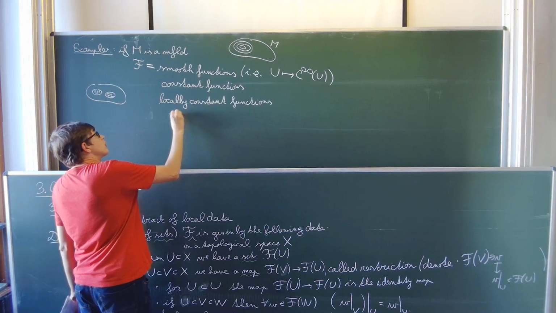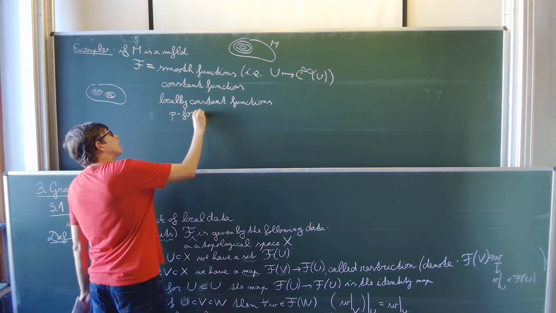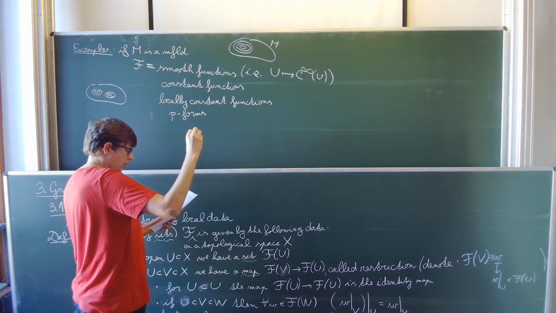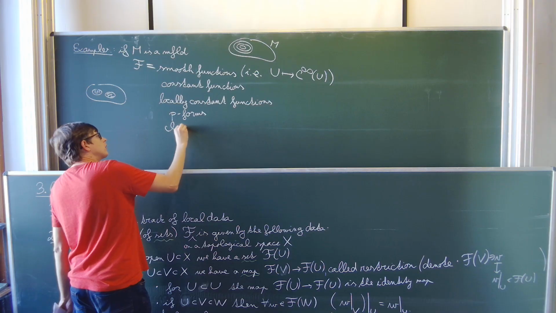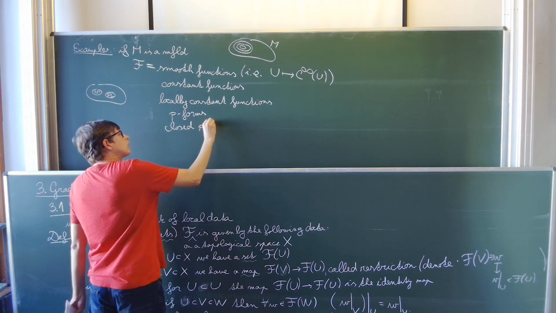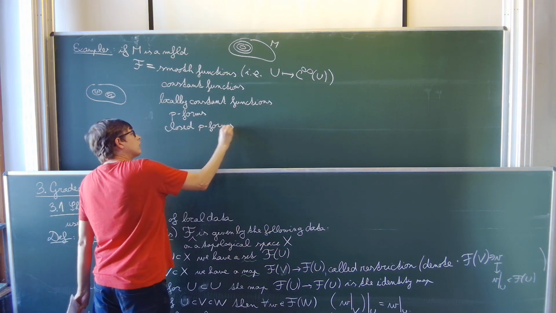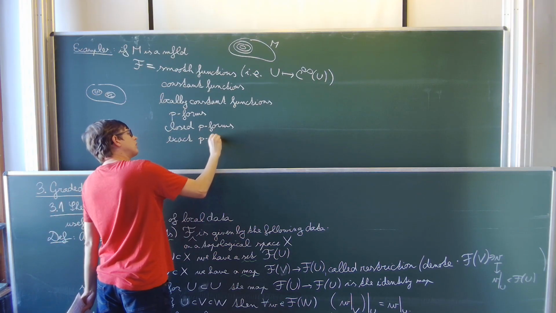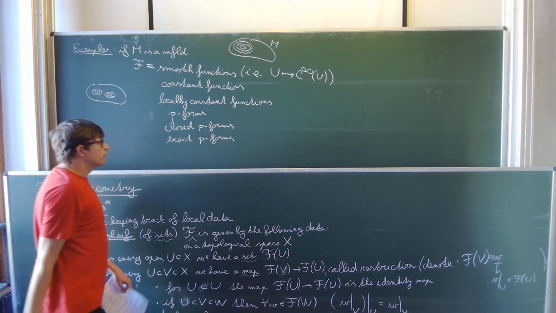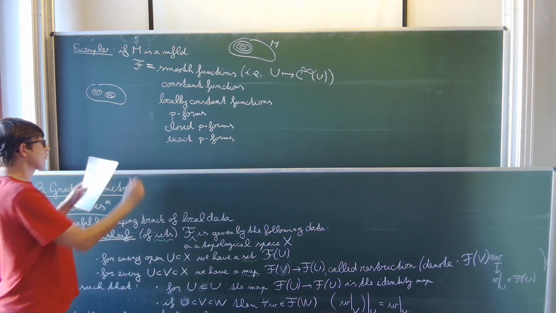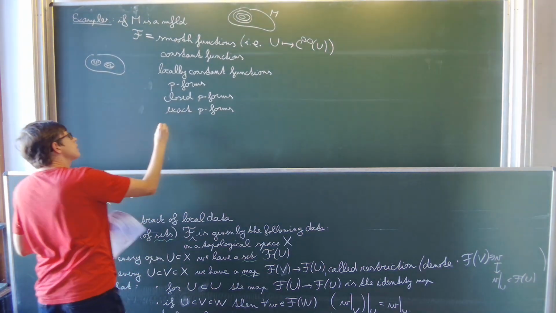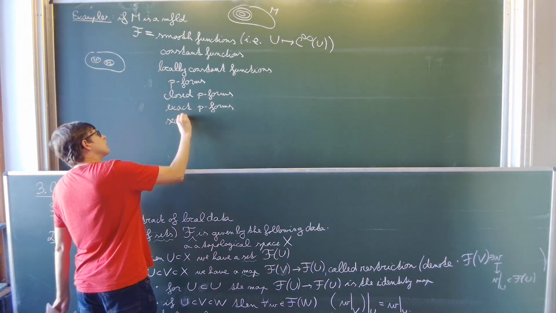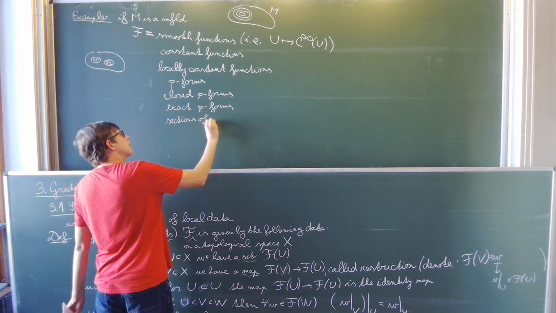Then you can have p-forms. You can have closed p-forms. You can have exact p-forms. You can have vector fields, various tensor fields. You can have sections of some vector bundle.